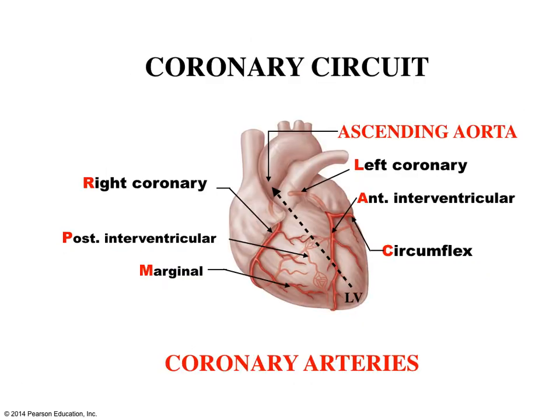The coronary circuit would be the blood vessels that provide blood to the heart itself. Coming off of the ascending aorta are the right and the left coronary arteries. The left coronary artery is quite short.